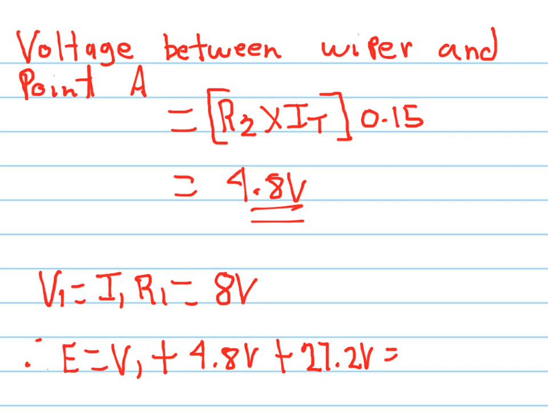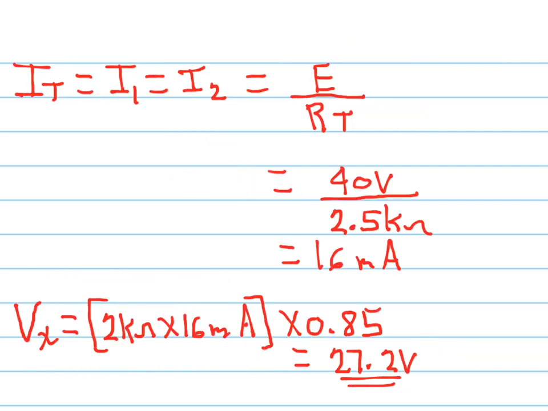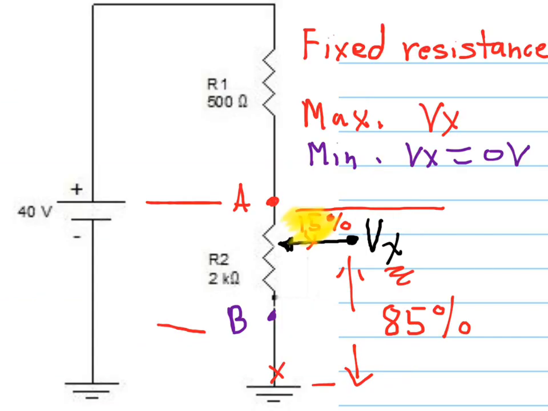So we have 27.2 plus 4.8 plus 8 equals 40 volts.